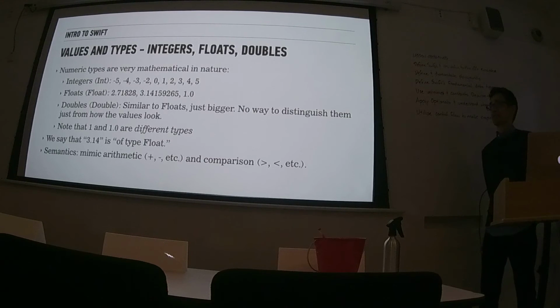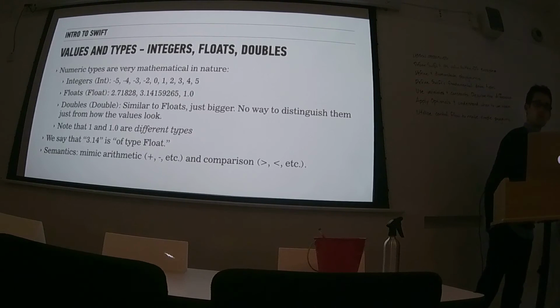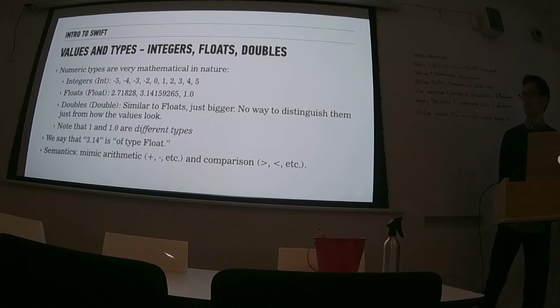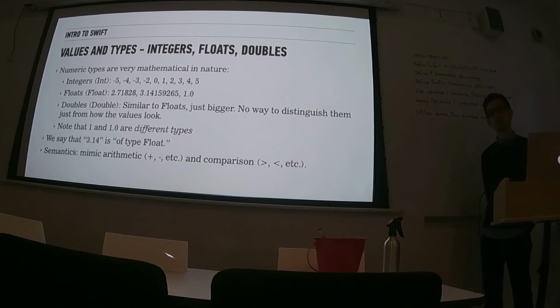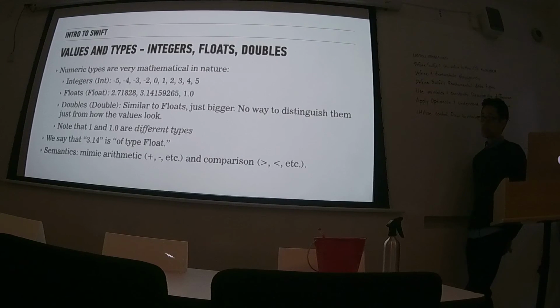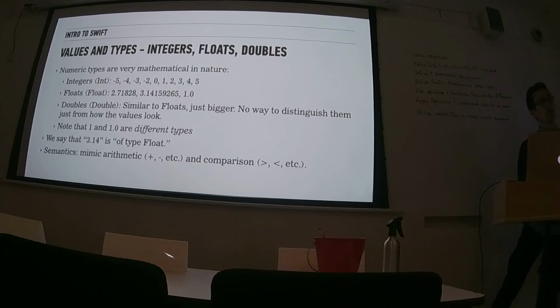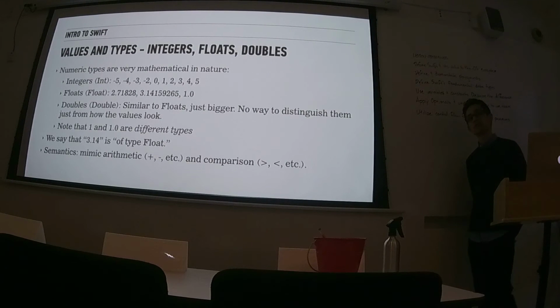Doubles are just like floats. There's no real way to distinguish between them, as far as how they look. But they're a different data type as far as the computer is concerned. So in the early stages of learning Swift, you won't encounter this difference. But later on, when you start writing user interface code, you will definitely encounter the difference between them.